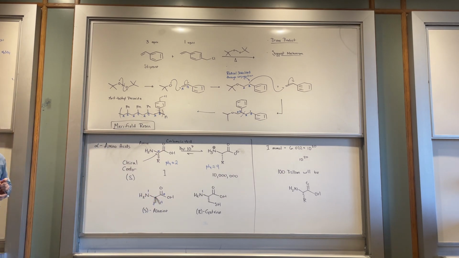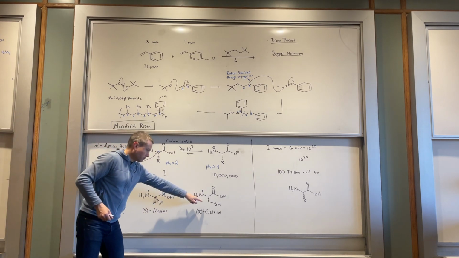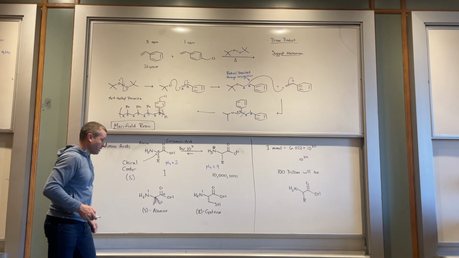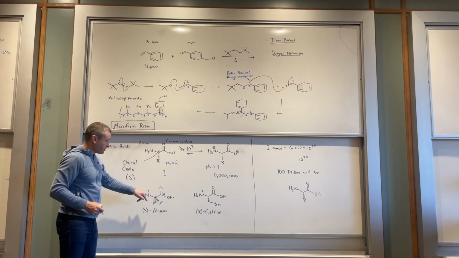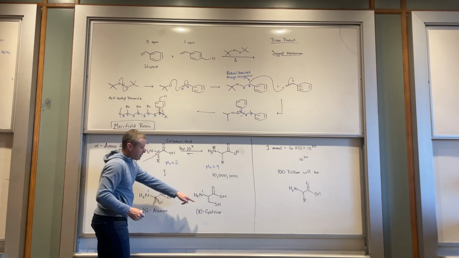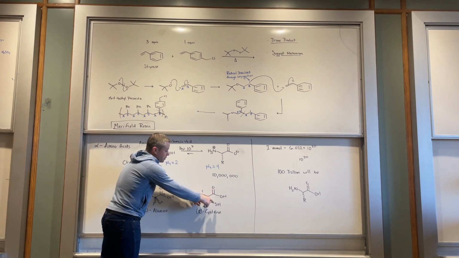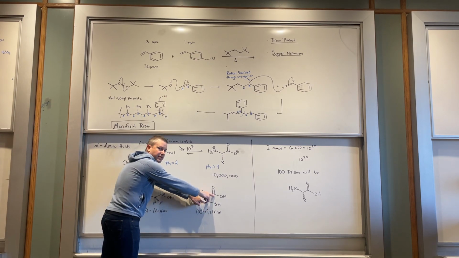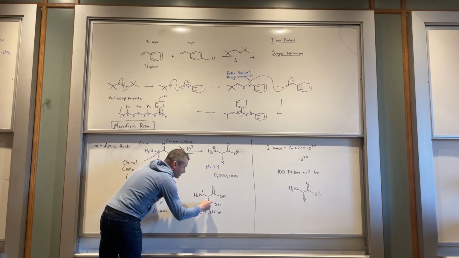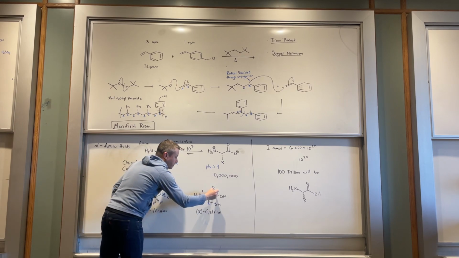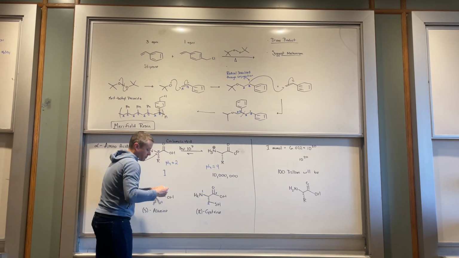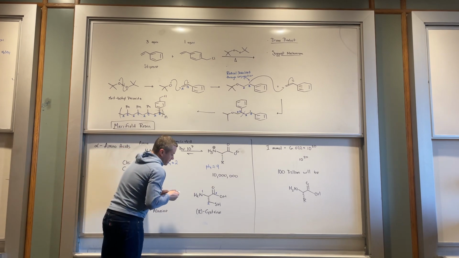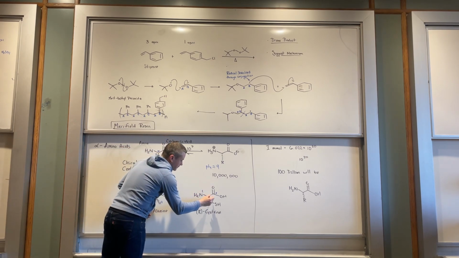Right? When we change that R group to a thiol, nitrogen's still the highest priority group, but now when we look at these two carbons, one is attached to sulfur where the other is attached to oxygen. So this carbon would get the second highest priority, carboxylic acid would get the third highest priority, and then the hydrogen is the lowest priority.